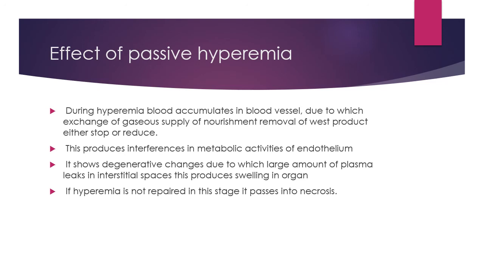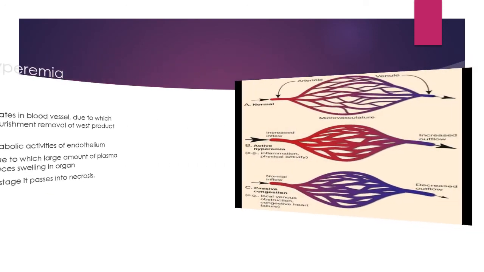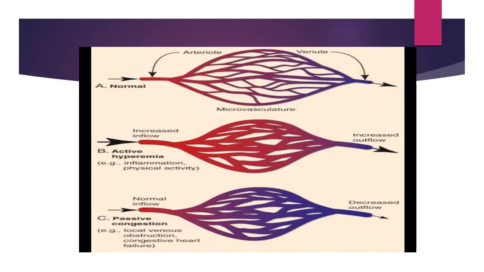The first one is active hyperemia, the second one is passive hyperemia. Now the difference between normal and abnormal. The first picture is the normal circulation of the veins. The second one is active hyperemia; here there is more red color, which indicates more blood flow.